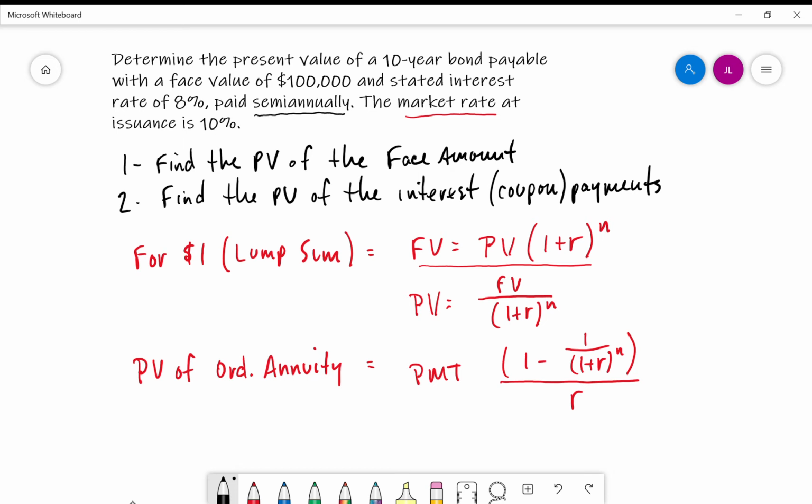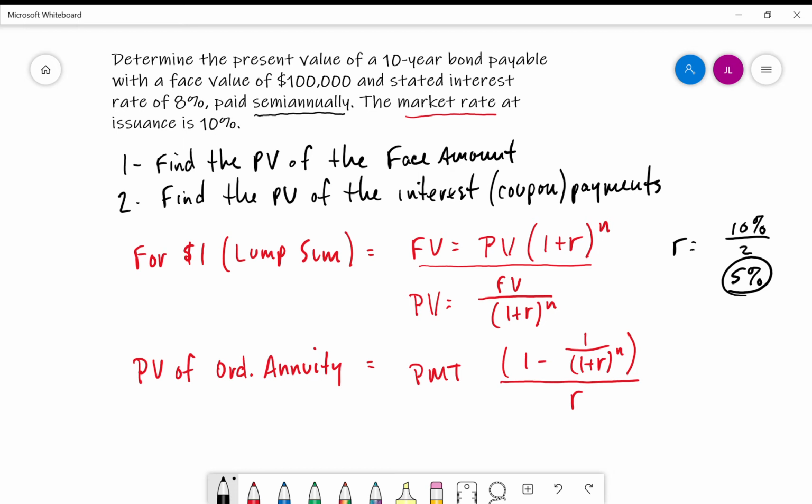So essentially, we're going to take the rate and divide it by the number of payment periods we have per year. In this case, semi-annually would be twice a year, so our rate for purposes of calculations is going to be our 10% divided by 2, which is 5% per period. And it's very important to know per period.